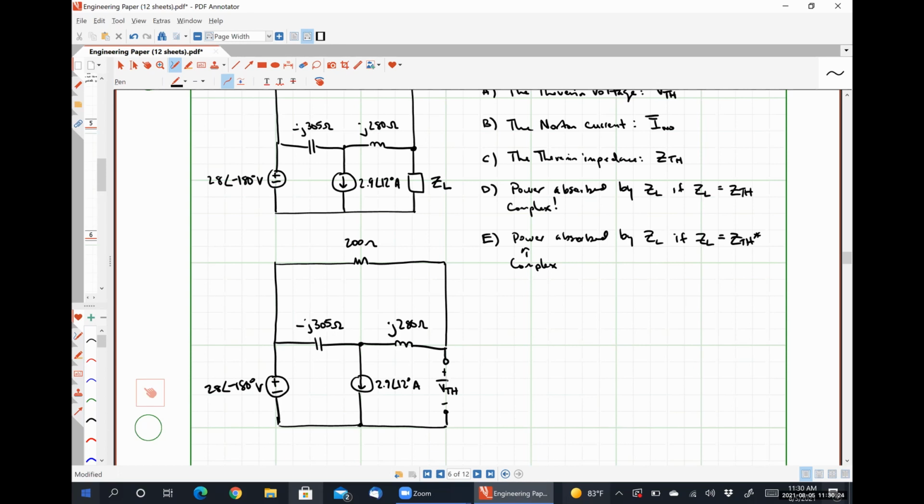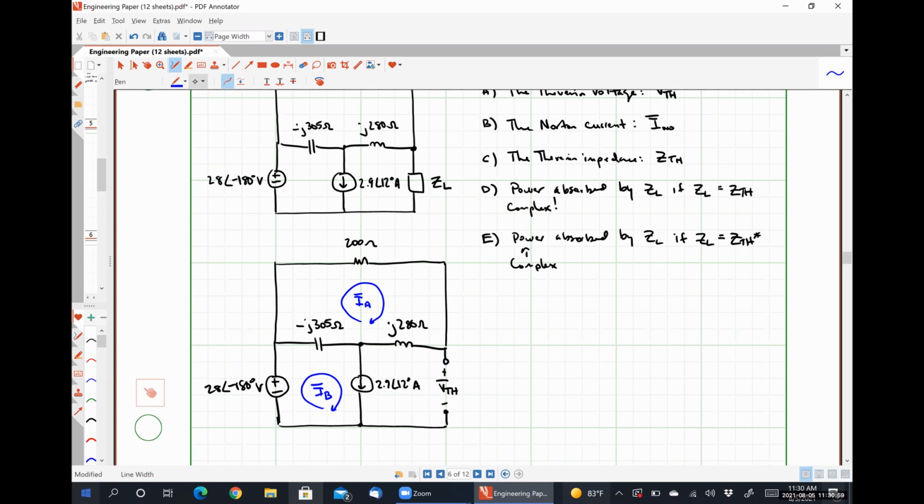You can do mesh analysis. Doing mesh analysis, I'm going to have exactly two meshes. I'm going to call this one mesh A and this one mesh B. I'm not going to have a third mesh around the bottom right-hand window pane because it has an open circuit, so I know there's no current flowing in that loop.